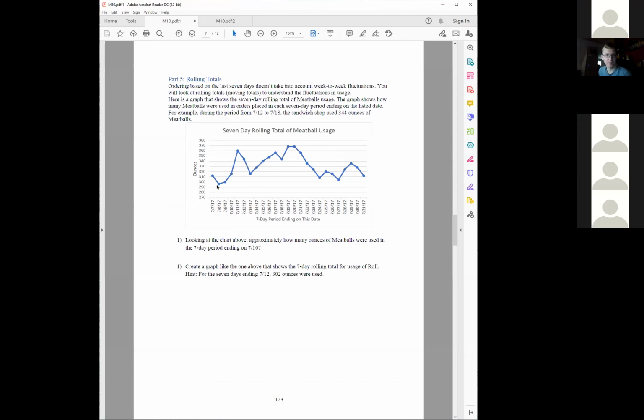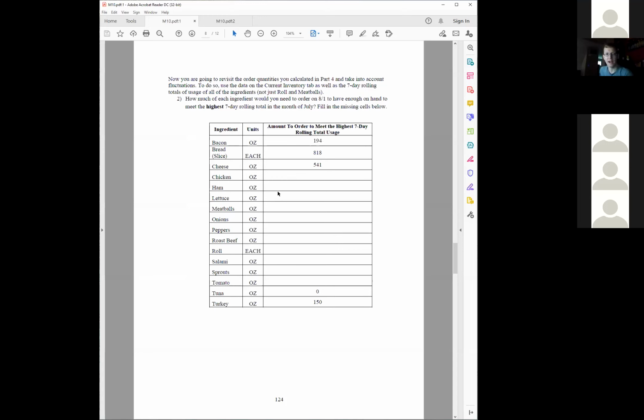And then this next number, how many meatballs were used from the 2nd to the 8th, then 3rd to the 9th, and so on. So every one of these numbers represents a set of consecutive 7 days and how much of the ingredients we used across those 7 days. And then they just made a graph.